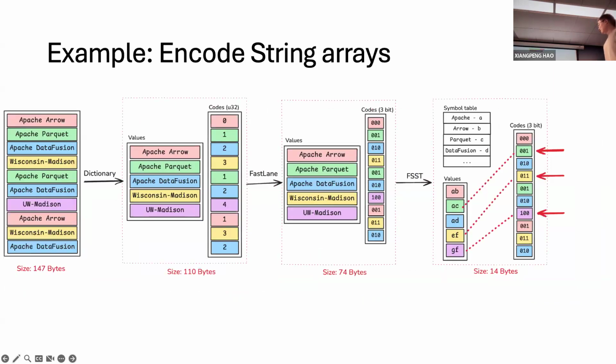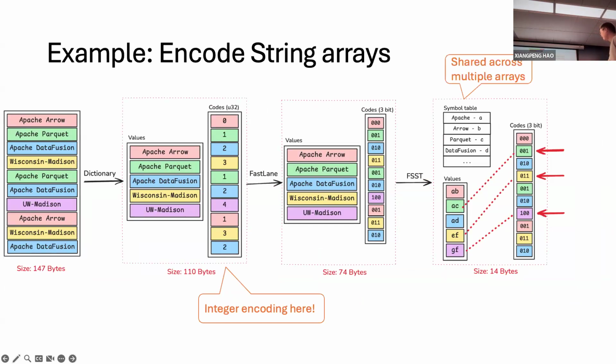And how does this satisfy our requirements? Yeah, this is integer encoding. We also handled that. We have some other fancy integer encodings there, but at a very high level, they are similar. And this is shared across multiple symbol tables, so the cost of that is negligible.